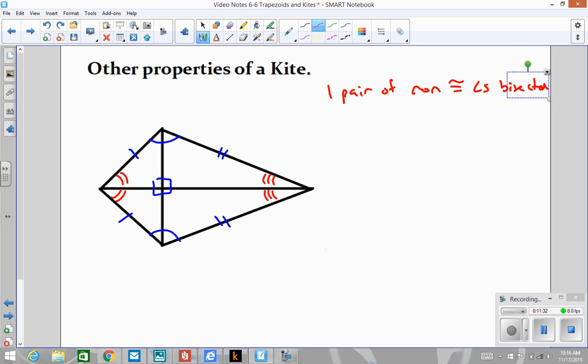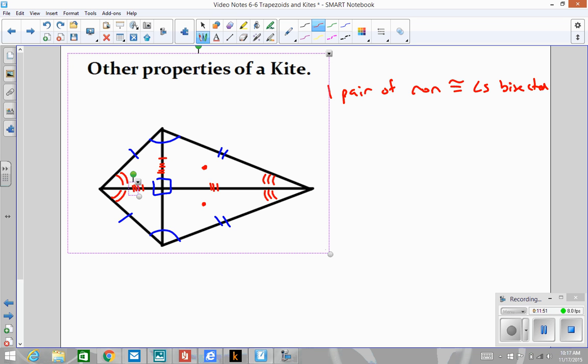All right. Another thing is that if we look here, and I look specifically at this triangle here and this triangle here, we've got angle, angle, side going on. So this is congruent to itself, this is congruent to itself, and that one is congruent to that one.